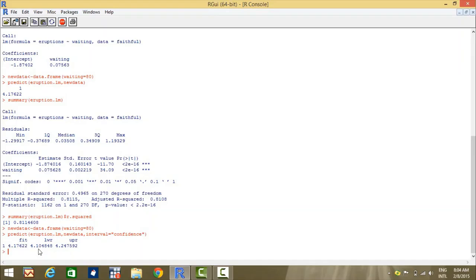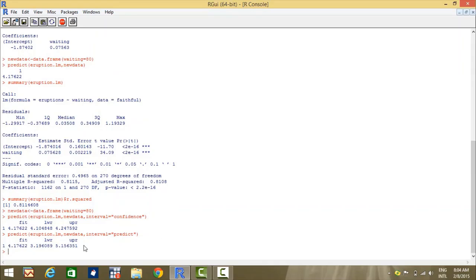Suppose for the same case again, I have the waiting time as 80 and I want to find the prediction interval for this. I write the same equation: predict, eruption.lm, newdata, interval is equal to prediction this time.